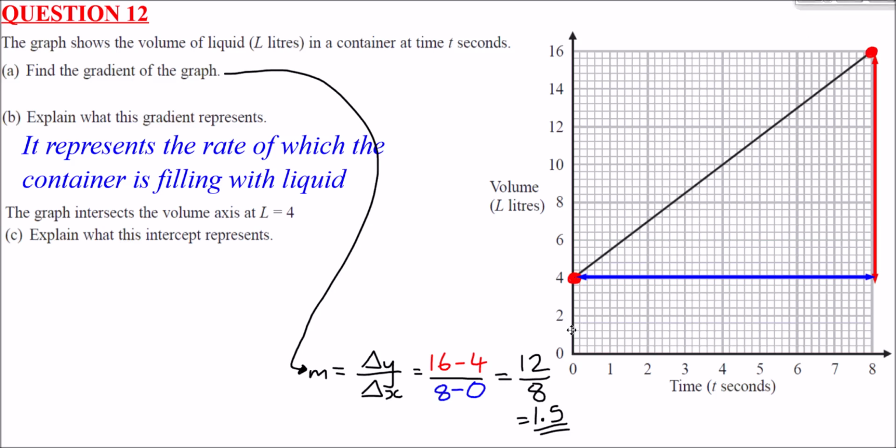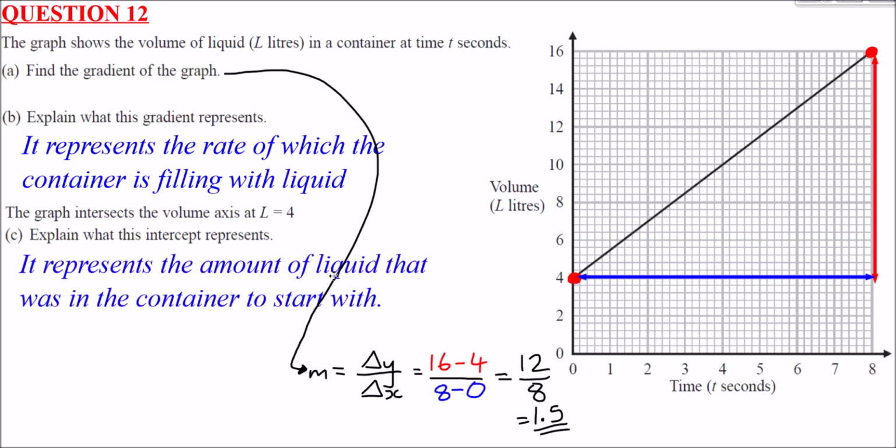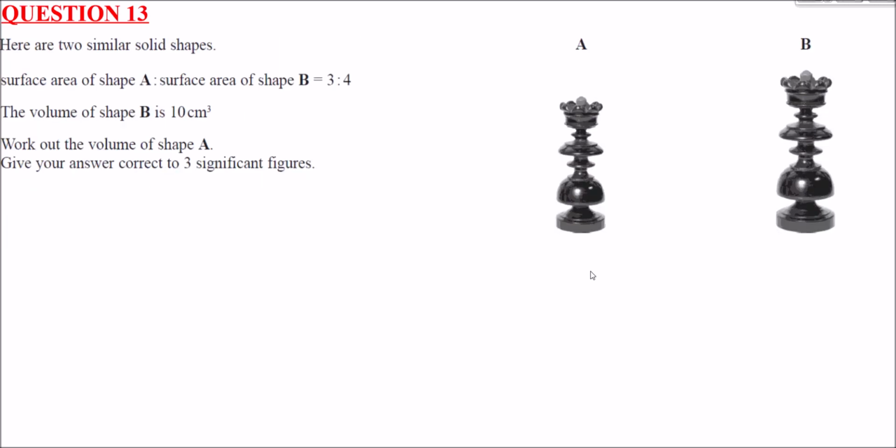So that means when we start the stopwatch or whatever, there was already 4 litres of liquid in this container. So explain what this means. Quite simply, all it means is it's the amount of liquid that was in the container to start with. Okay, so that was the amount of liquid in there before we even started filling it up from a tap or hose, whatever it might be.